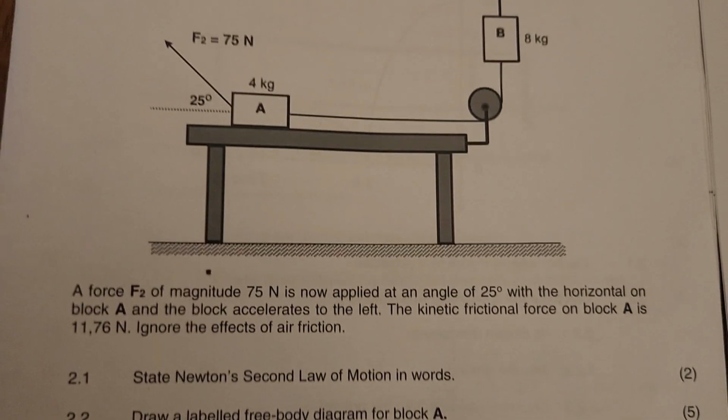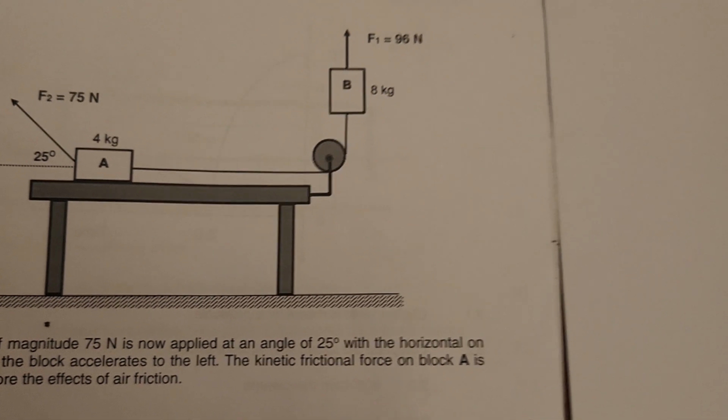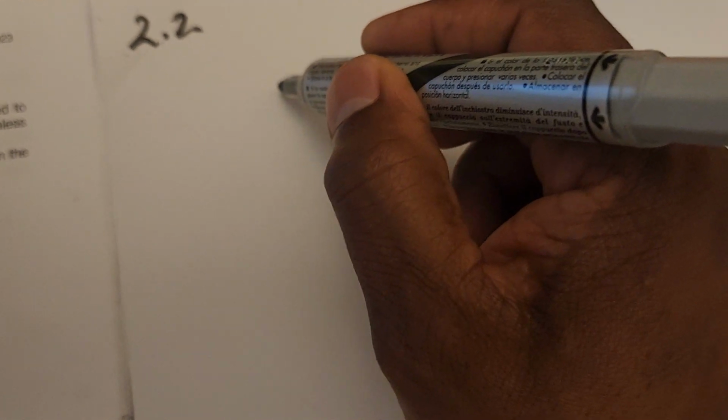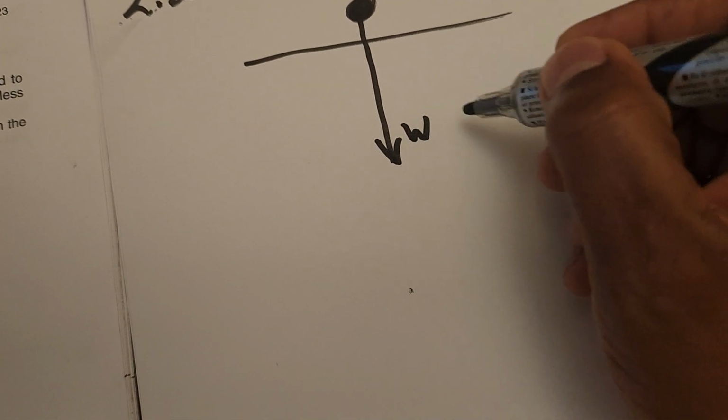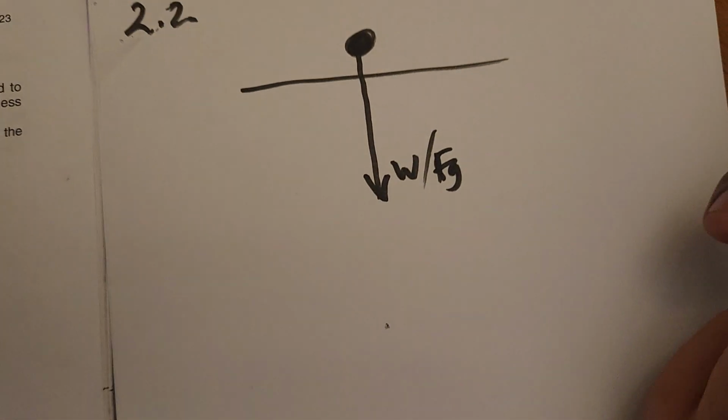Therefore, it gives us a hint that forces acting on A, they are 5. What do we do? To make it simple, draw the surface, no problem. Just above the surface, draw a dot. Start with the weight, that's the easiest one, the weight. Or you can write FG, it's fine, it's acceptable.